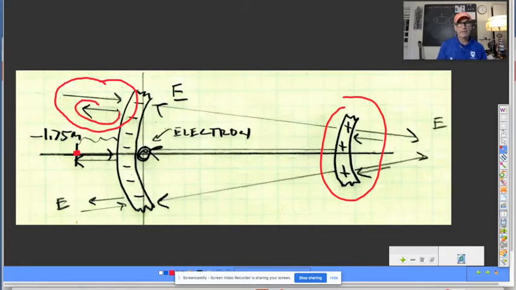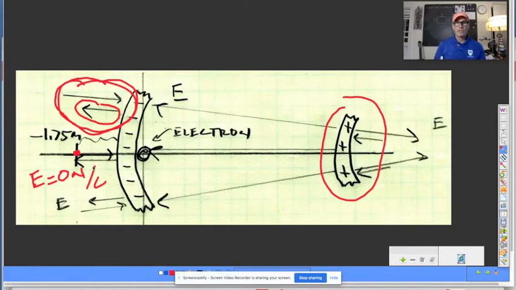And the negative plate, its electric field extends into it. The combination of those two will cancel to some extent, but at negative 1.75, they cancel, and the electric field is 0 at that location. Okay, and I'll explain more precisely how that came into being.